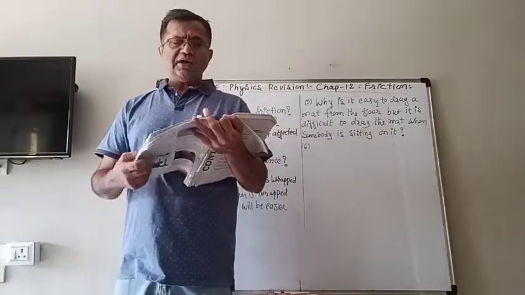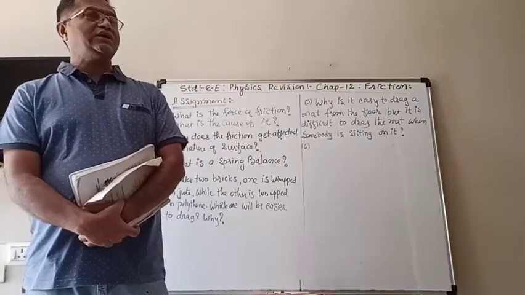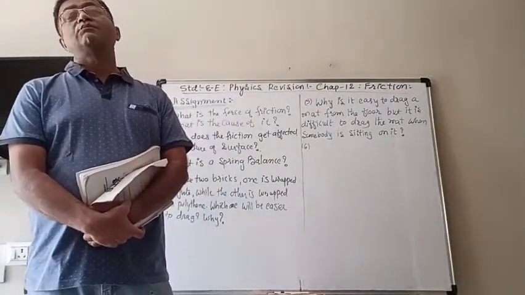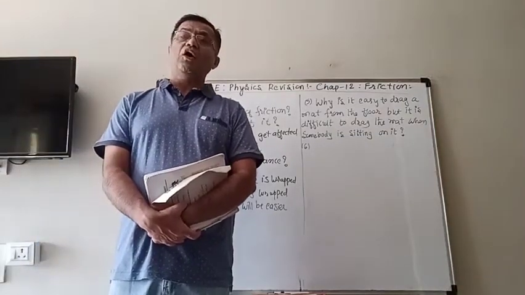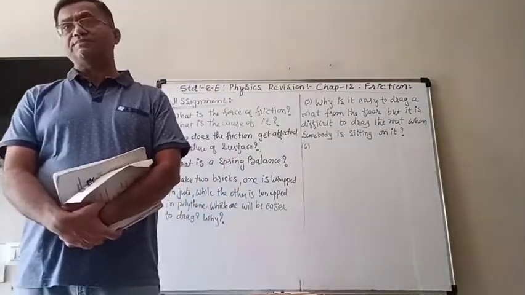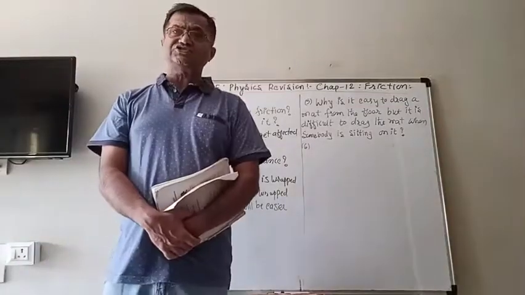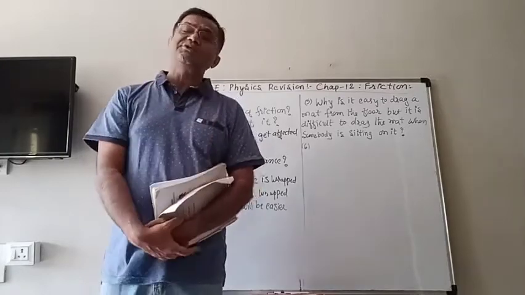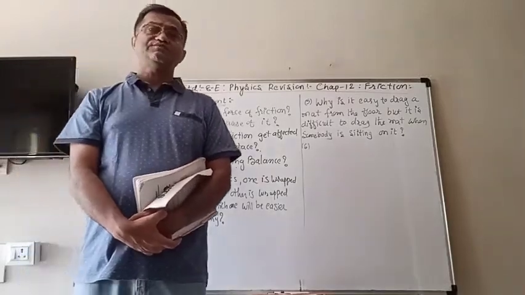So, as I told you, generally the force of friction is applied on moving objects, and it is always in the opposite direction of the motion. Means, if the object is moving in the left direction, the force of friction will be in the opposite direction, and so on.